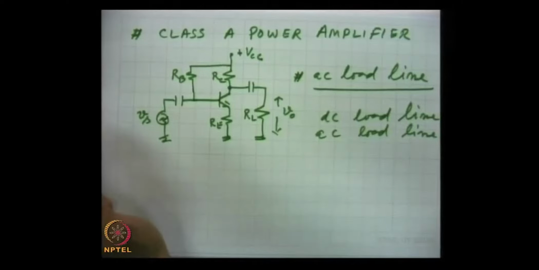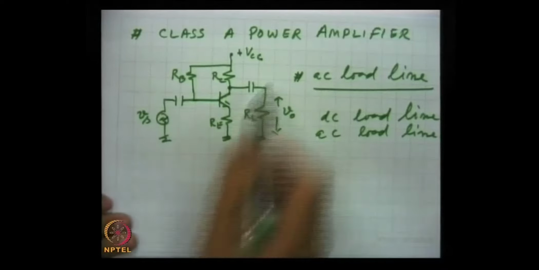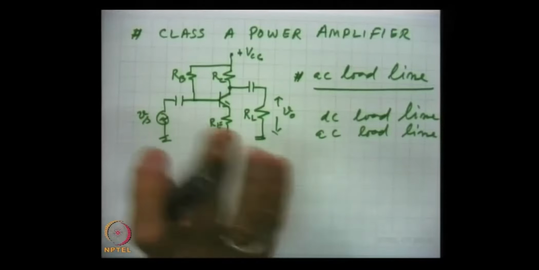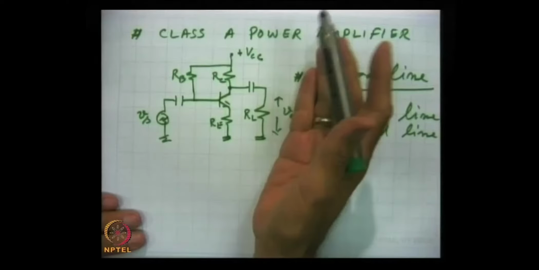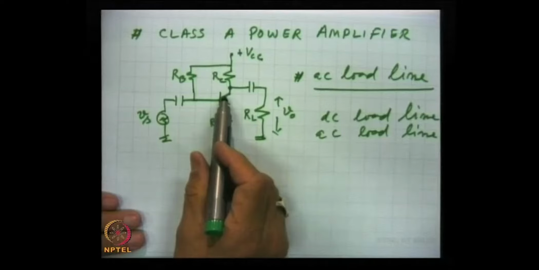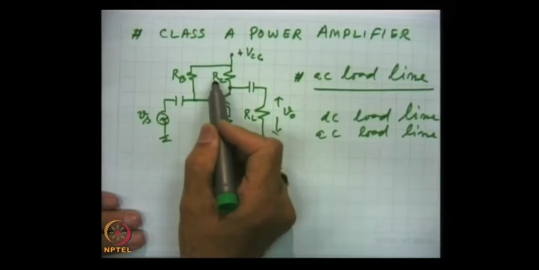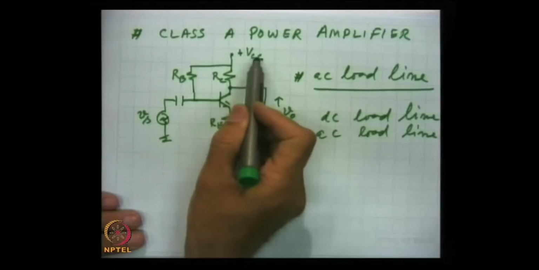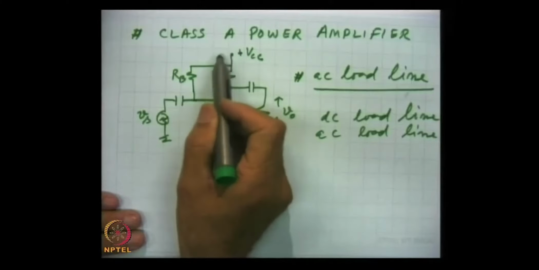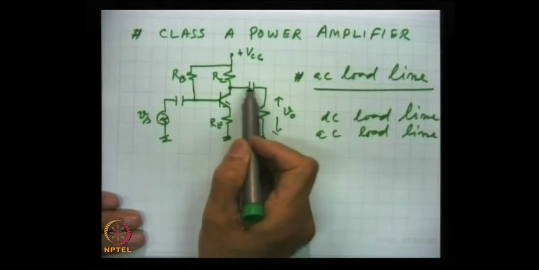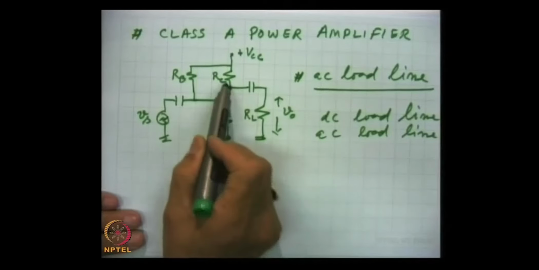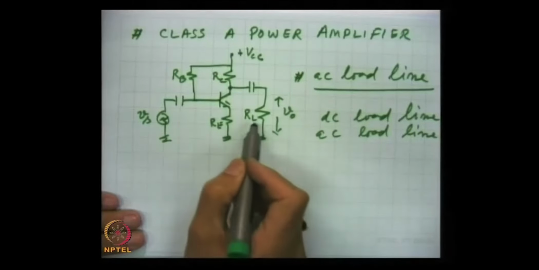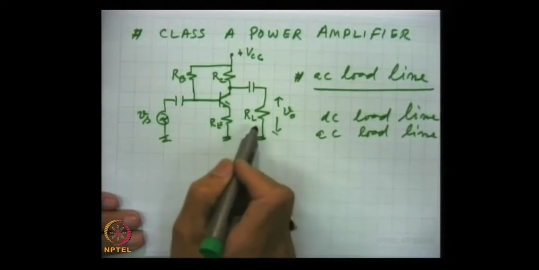For DC analysis, we said earlier that this capacitor has to be taken as infinite resistance, so we remove it. So the collector will see the resistance RC. But when we take the AC equivalent, the DC voltage sources have to be grounded and capacitors are taken as short. In that case, the collector resistance RC and the load resistance RL will come in parallel.